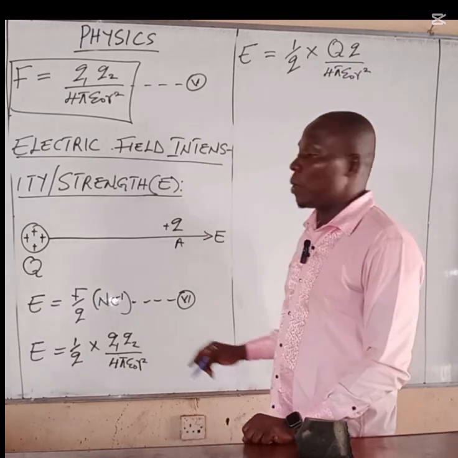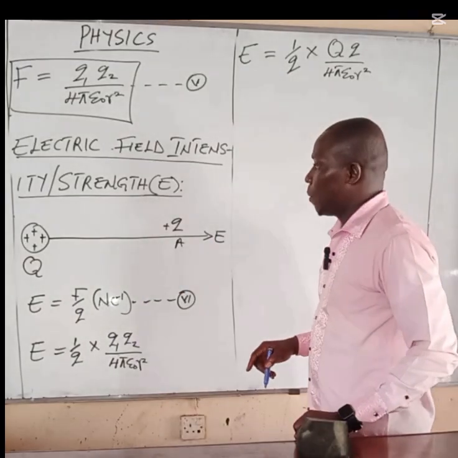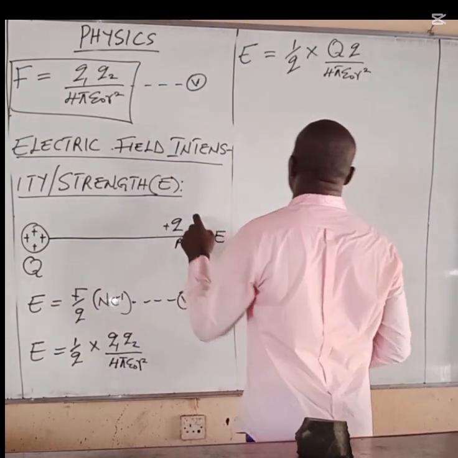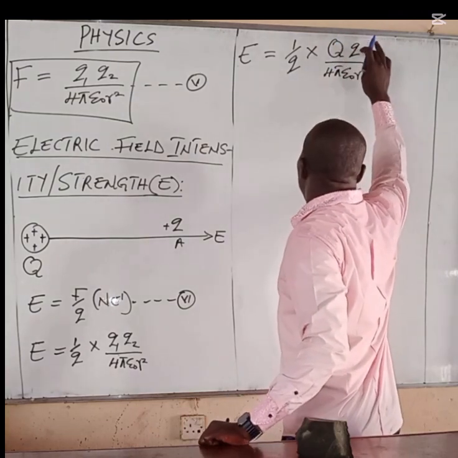Why? Because we are talking about a point charge and a test charge. So this will represent the point charge and this will represent the test charge.